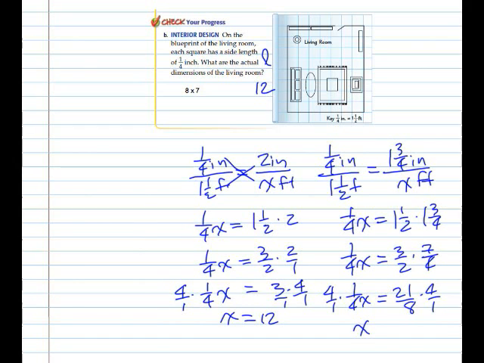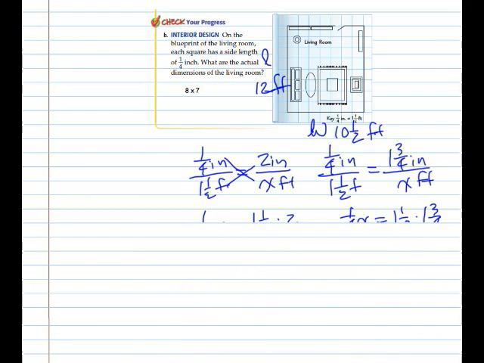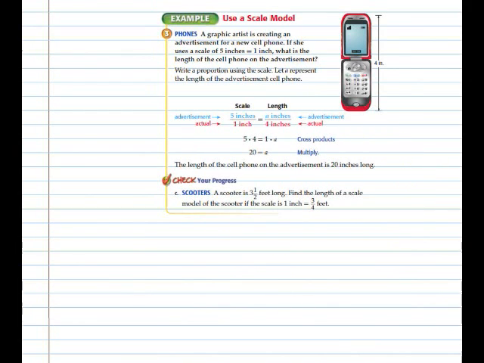Again, multiply both sides of the equation by 4/1. This gives us x on this side. Simplify here and here. We get 21/2, which we would rewrite as 10 1/2. So the actual width of our room is 10 1/2 feet. This is feet. This is also feet. Length of 12 and a width of 10 1/2, based on those proportions.